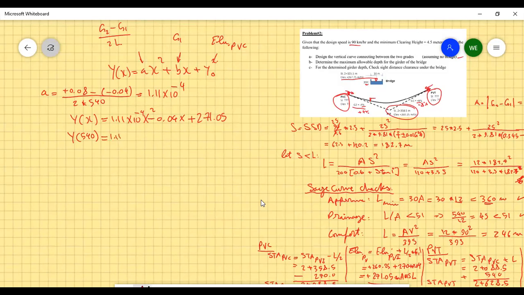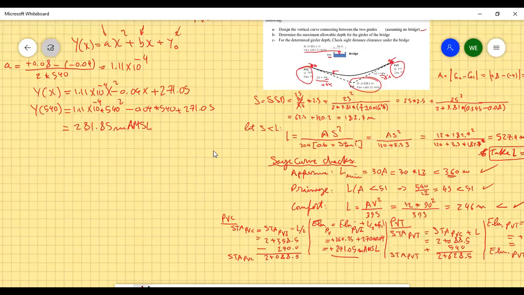So we have 1.11 multiply 10 to the power minus 4 multiply 540 square minus 0.04 multiply 540 plus 271.05. It's 281.85 meters above mean sea level.